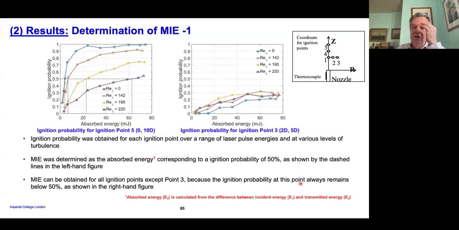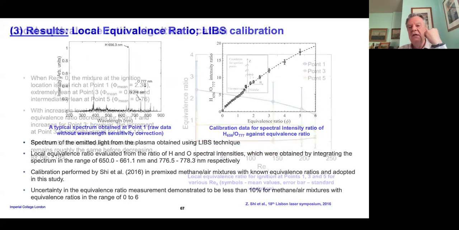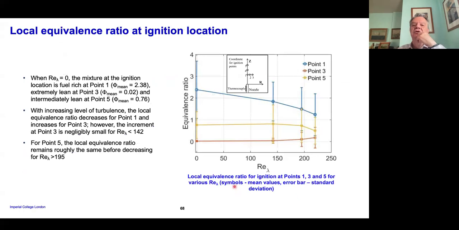And I will not expand on that so that I can finish, but we have measured with laser diagnostics what is the local equivalence ratio at the locations where you have the laser ignition. So we know the air to fuel ratio locally at the location of the spark, and you see at different points within the jet that the equivalence ratio is reduced as you increase the level of turbulence, and this is conditional on having successful ignition.